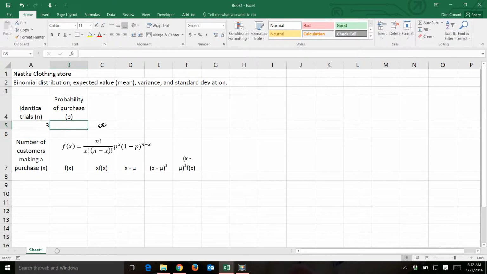And we have the probability of a purchase, which in this case is 30%. Center those so you can read them a little bit easier. We'll go ahead and calculate the probabilities based on the number of customers. We have no customers, 1, 2, and a maximum of 3 customers that could come in.